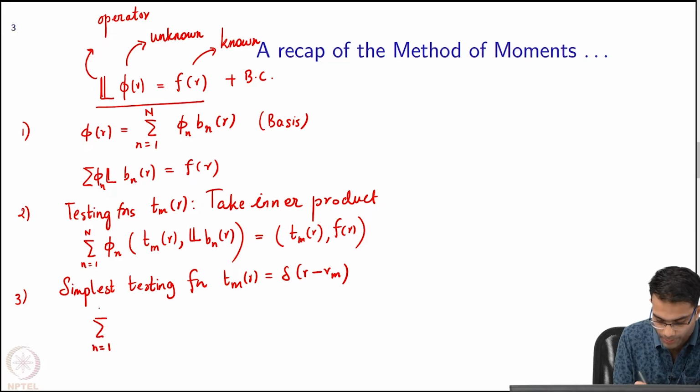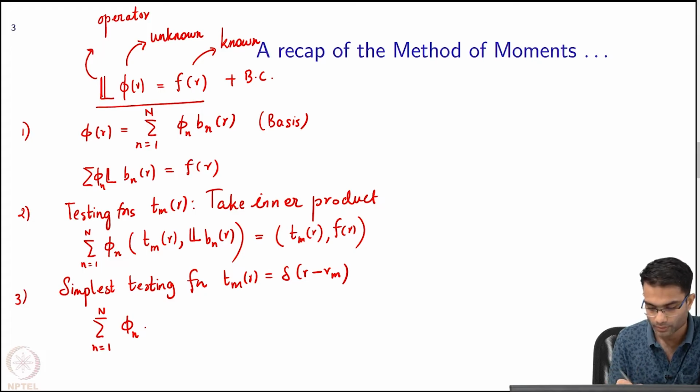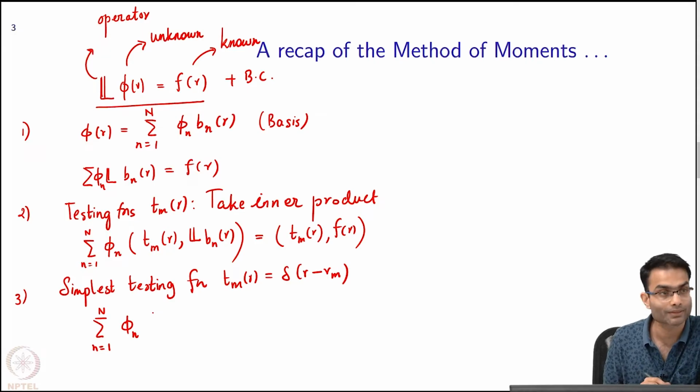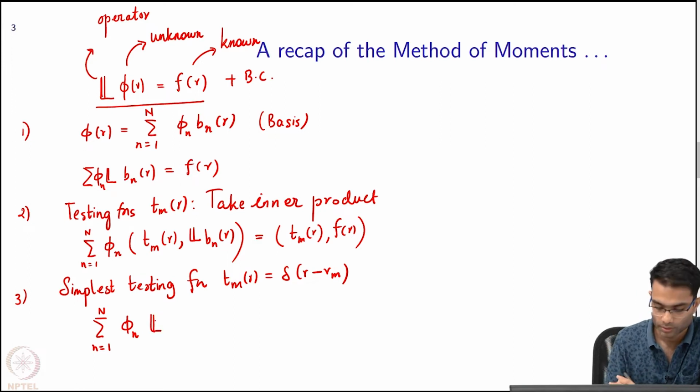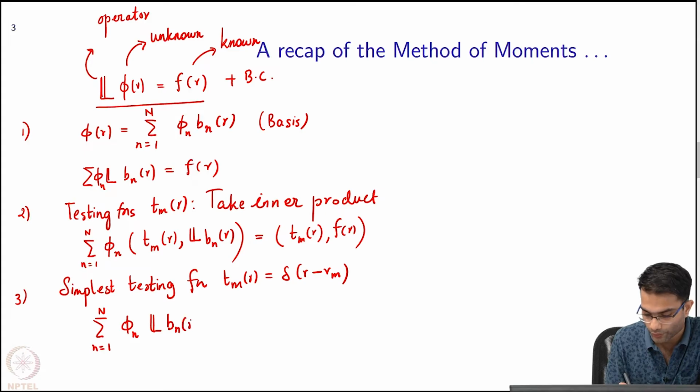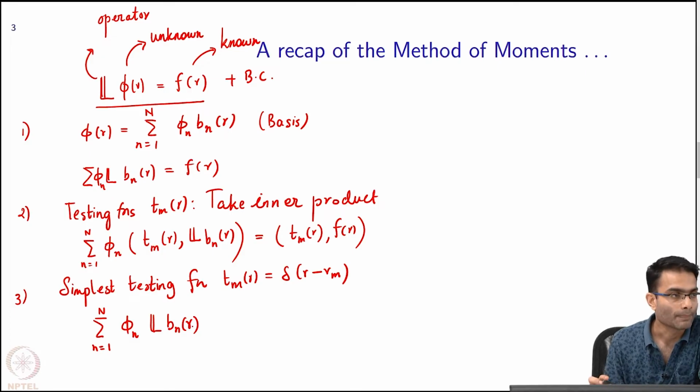This inner product collapses, the integral collapses, I am left with phi n, and then what will happen to the left hand side? L, okay, then Bn of r, what else? Where does the m appear? Or should I write, what should this be, Rm? Any other suggestions?